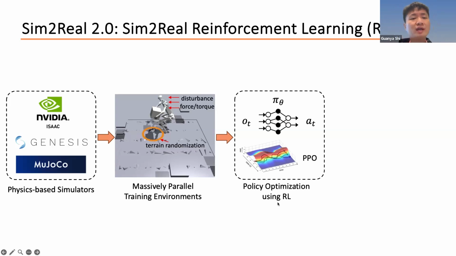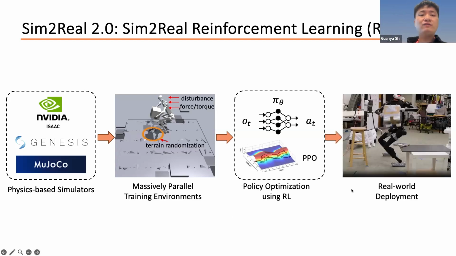We use policy optimization, for example PPO, to optimize the policy pi theta. The input to the policy pi theta is observation O, and the output is action. We learn this policy using RL. And finally, we transfer this policy, not action, to the real world. This whole pipeline is called Sim2Real reinforcement learning. I call it Sim2Real 2.0.